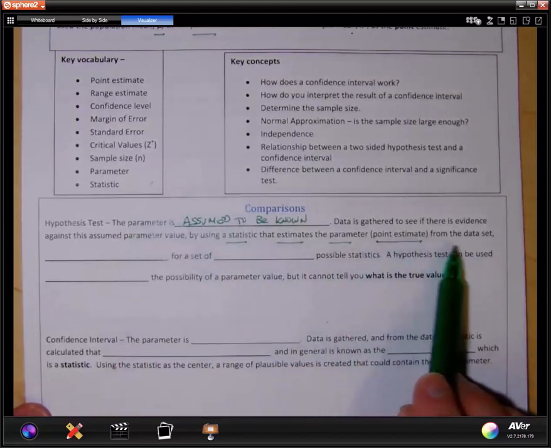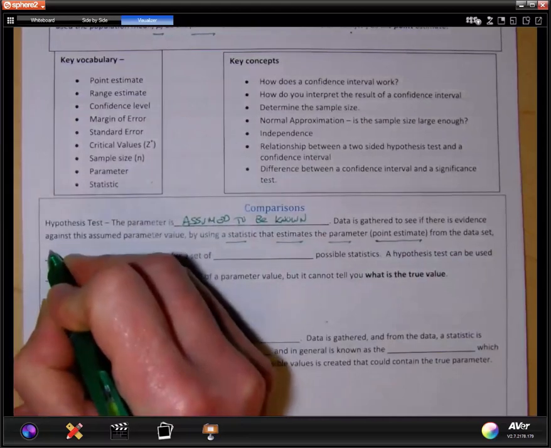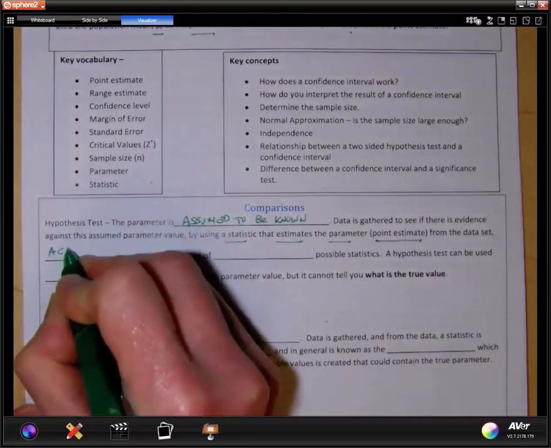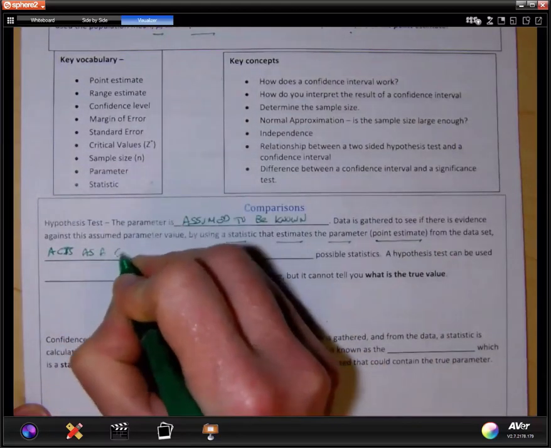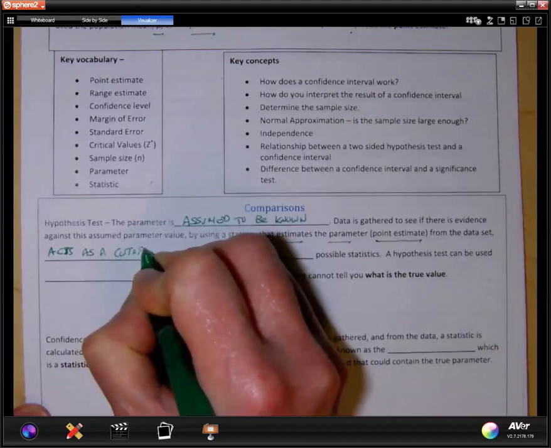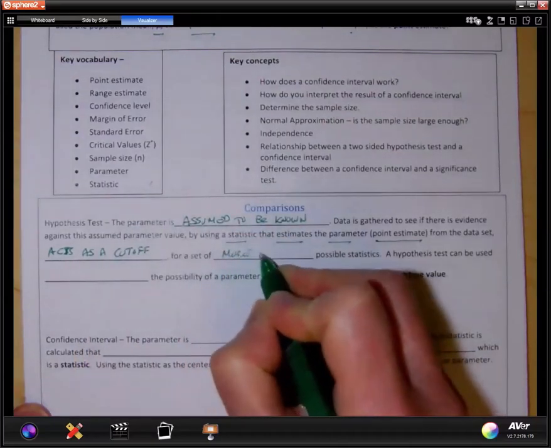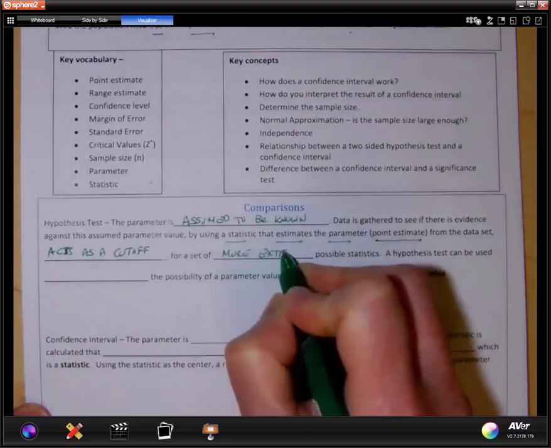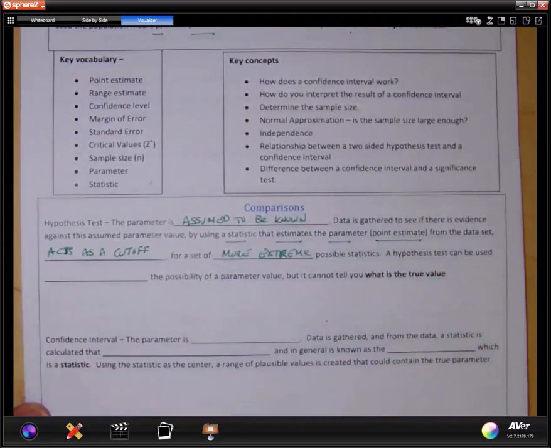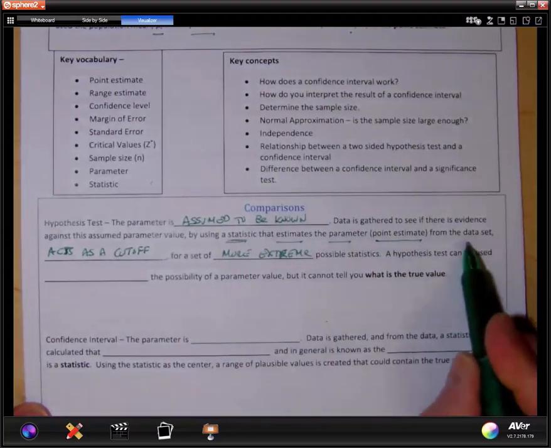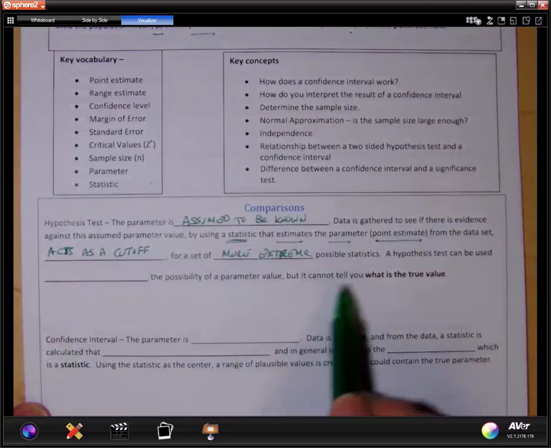The point estimate from the data set acts as the cutoff for a set of more extreme possible statistics. So again, we got our statistic, and it's acting as a cutoff for a set of more extreme possible statistics.